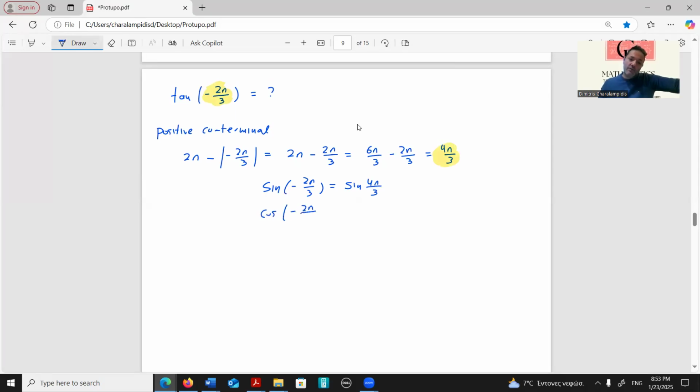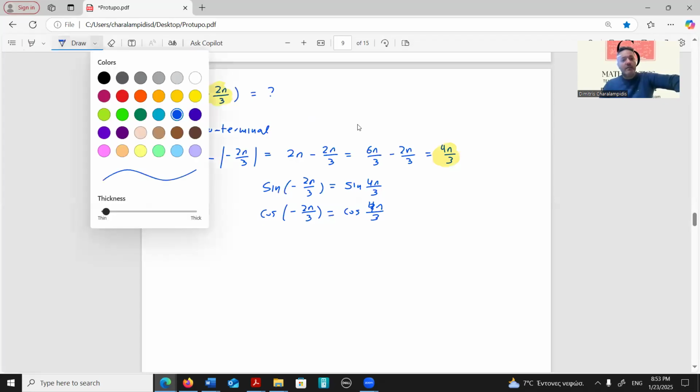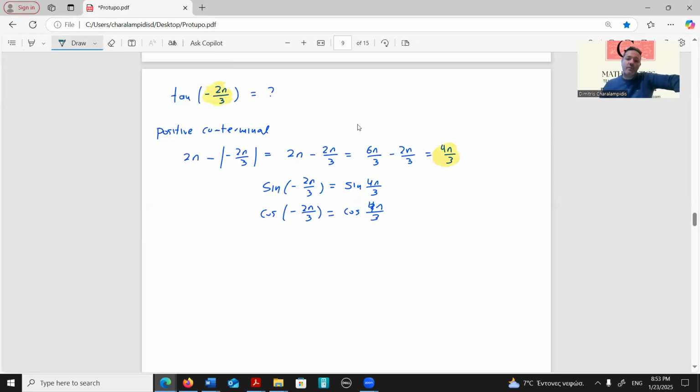Cosine of minus 2 pi over 3 is cosine of 4 pi over 3, respectively. Which only means that I need to find the trigonometric ratios of this angle, 4 pi over 3. To achieve that, I need to firstly understand in which quadrant this angle will be.